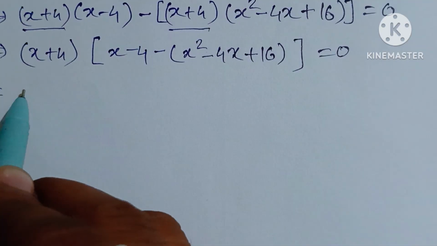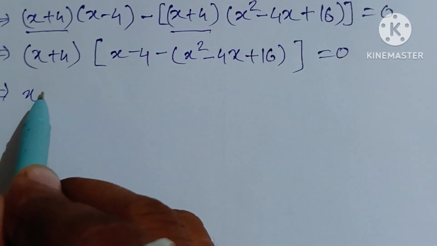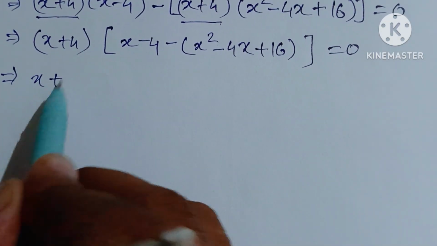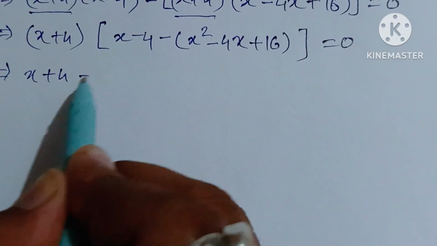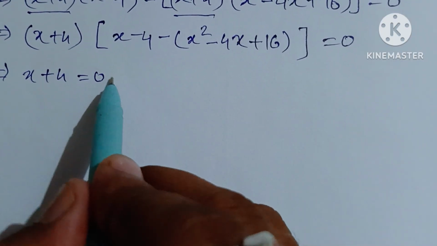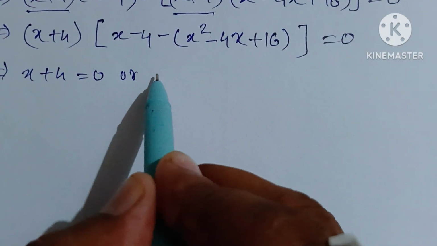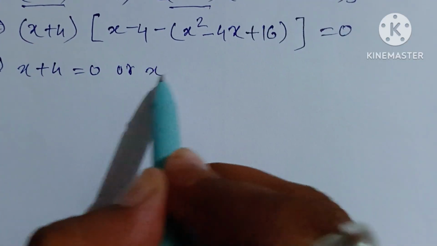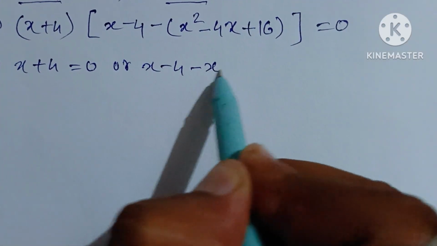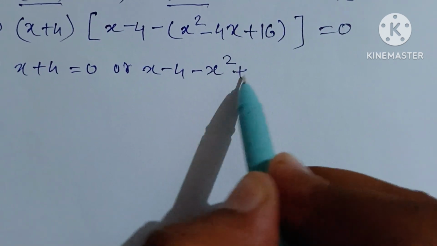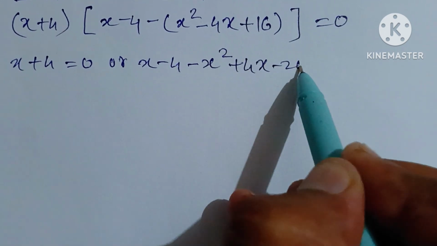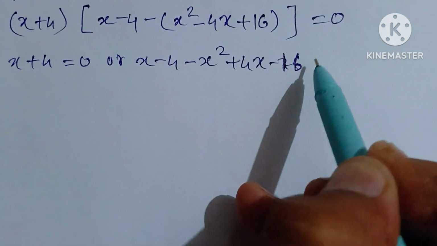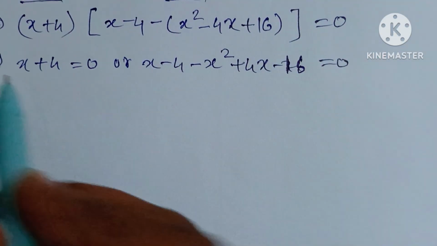Here x plus 4 equal to 0, or this bracket we will solve first: x minus 4 minus x square plus 4x minus 16 equal to 0.